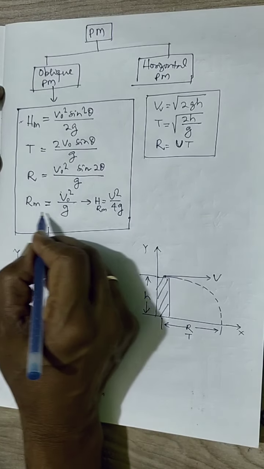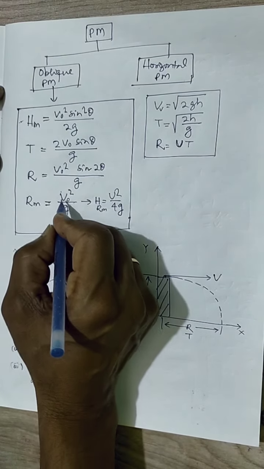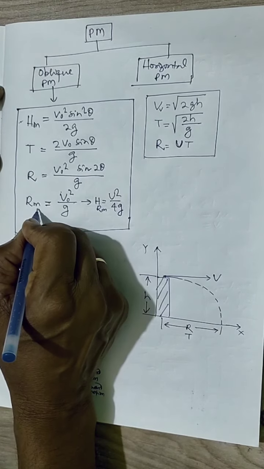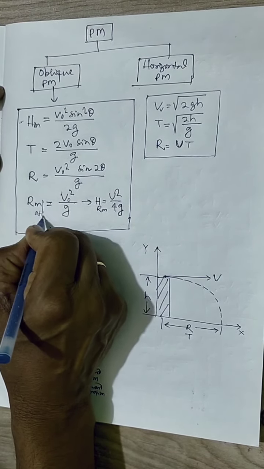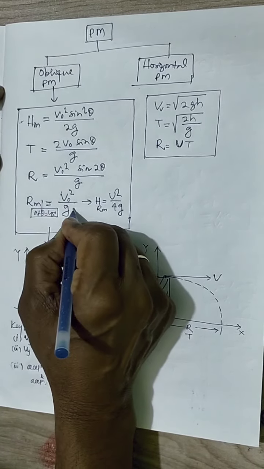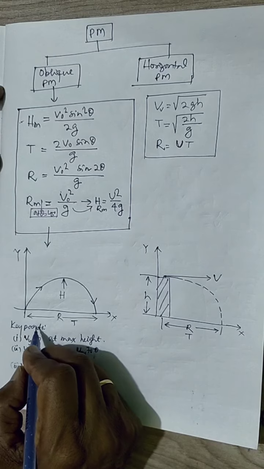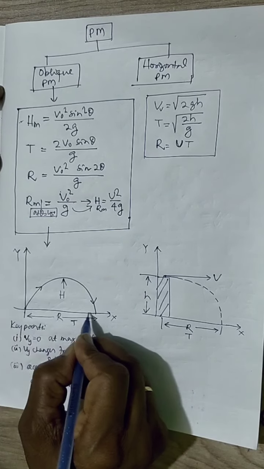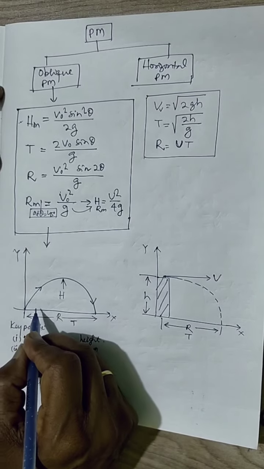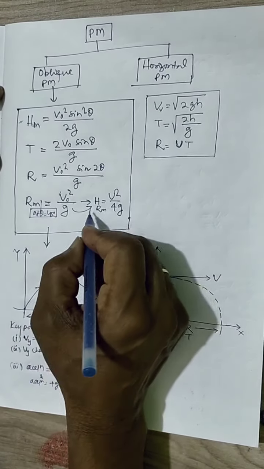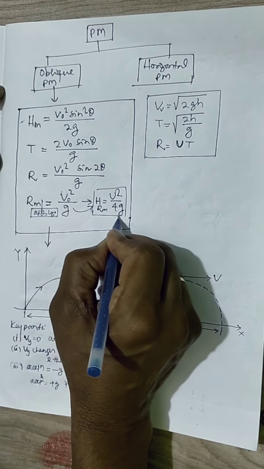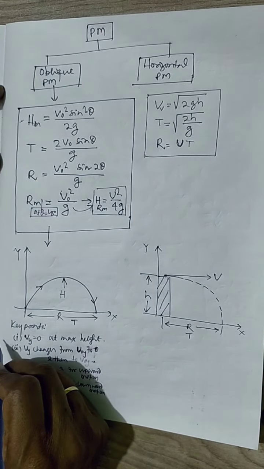The maximum range will be attained, with the value v0 square by g, at theta equal to 45 degrees, and the corresponding maximum height when maximum r is attained will be v0 square by 4g.